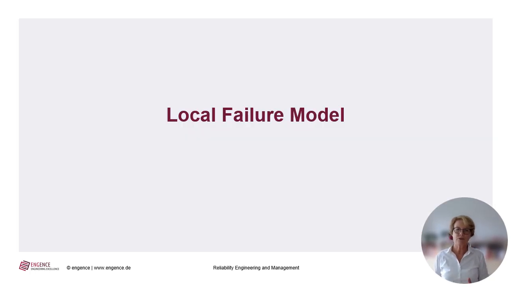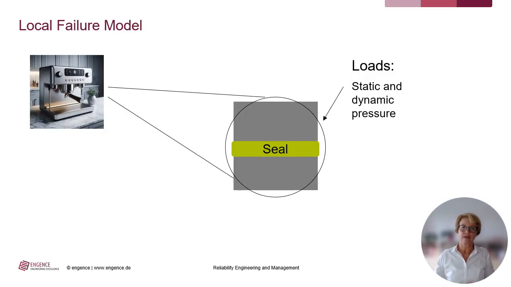Now it's the point to introduce to you the local failure model of reliability engineering. First, we look at the loads. Several load types act on the seal of our coffee machine. Static and dynamic forces act on the seal during operation and also when the machine is in an idle state.